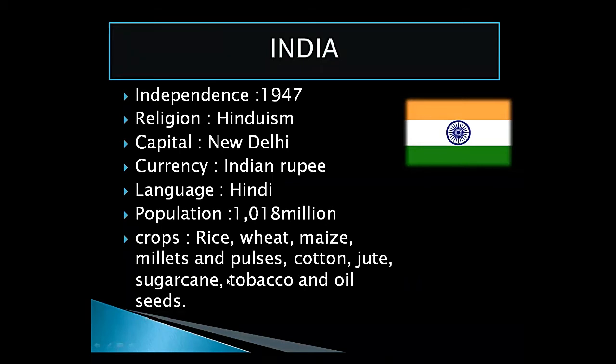It was ruled under the India Act of 1935 at the time of its independence, but developed its own constitution in 1949. The farm crops of India are rice, wheat, maize, millet, pulses, cotton, jute, sugarcane, tobacco, and oilseeds.